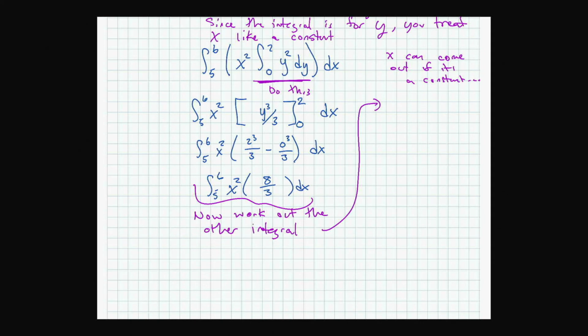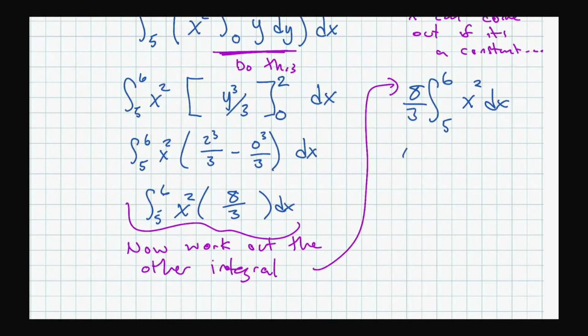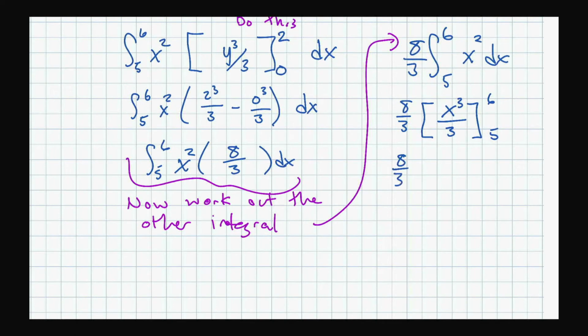And that integral is not going to be super hard to do or anything. I could actually take the 8/3 out, right? Using a rule for integrals. And we're integrating from 5 to 6 of x squared dx. So that's a pretty easy integral. x to the 3 over 3 from 5 to 6. So that's 8/3 times 6 to the 3 over 3 minus 5 to the 3 over 3. I need a calculator for that.